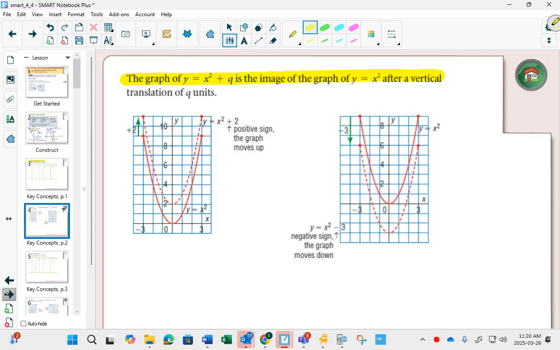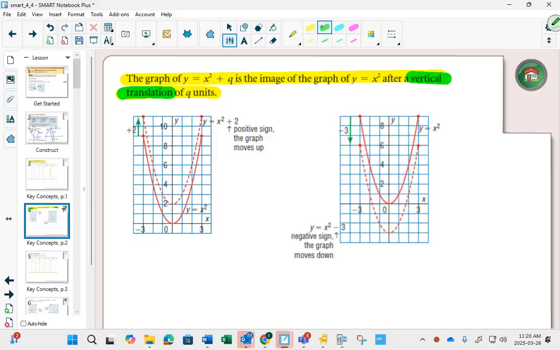And we can say the graph, if you have that plus q, and here's a key word for describing it, we call this a vertical translation, because you're taking your regular graph and moving it up and down. The shape stays the same.